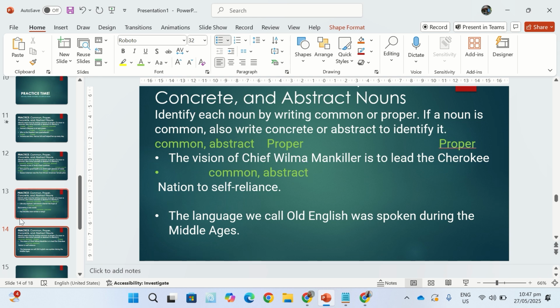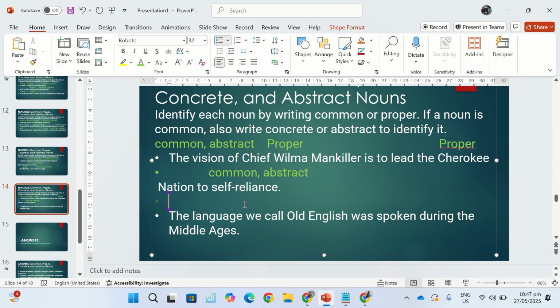Another, this is the last one. The language. There's no specified language, so it's just common, not proper, and it can be heard or seen. Concrete.